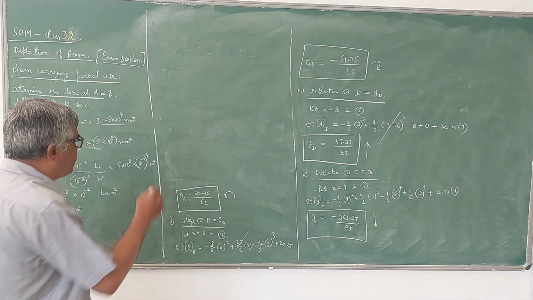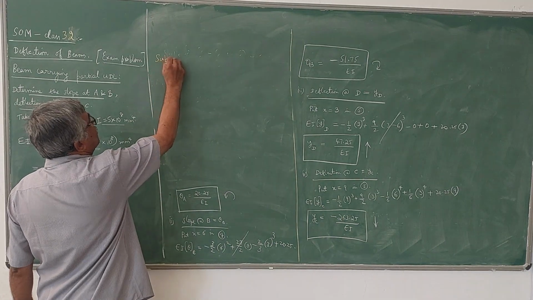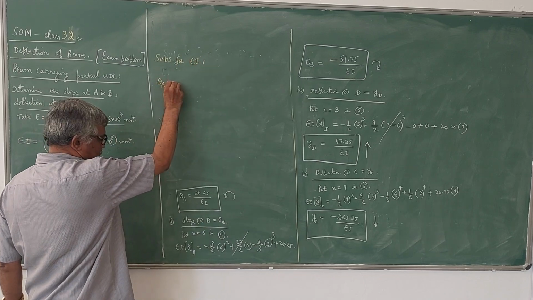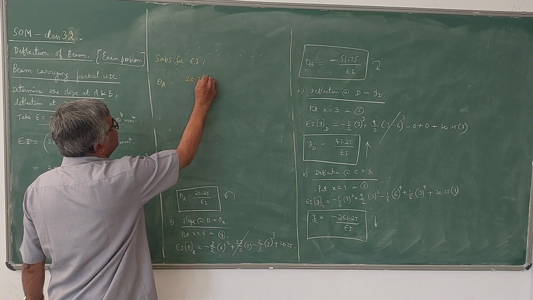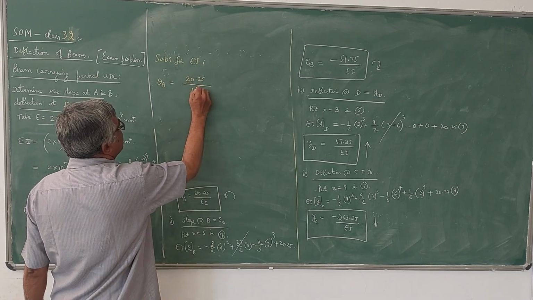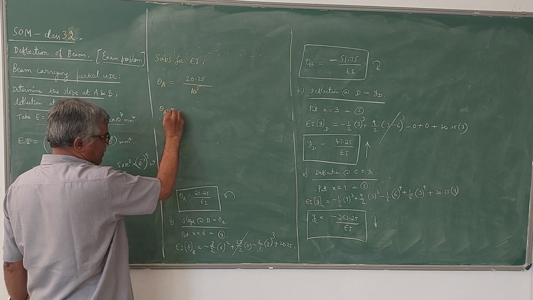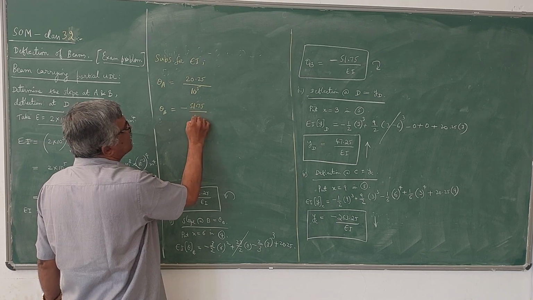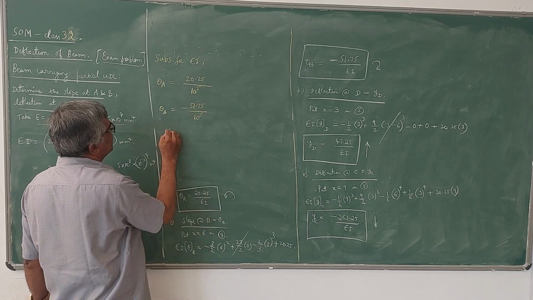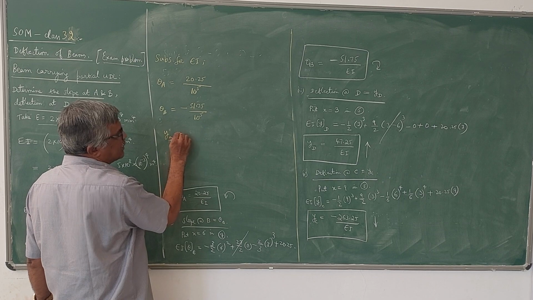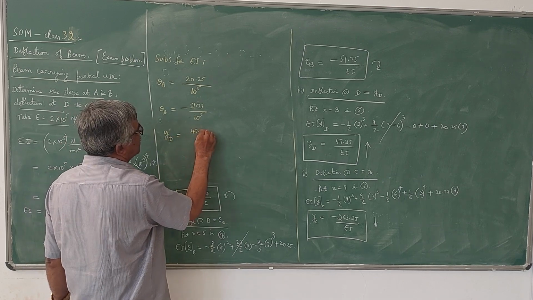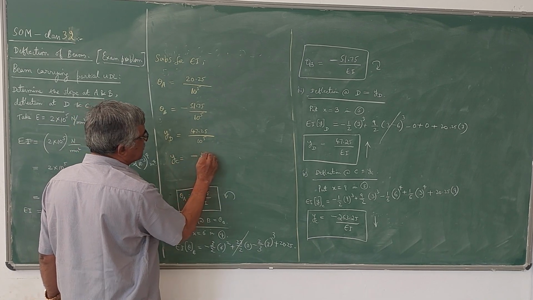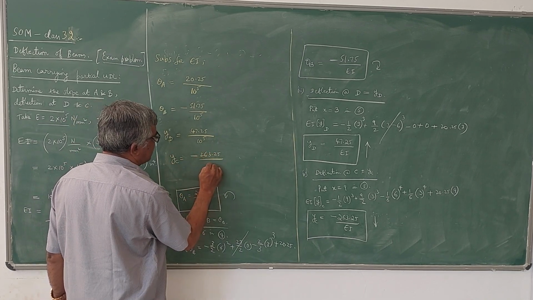Theta A will be 20.25 divided by 10 power 5. Theta B will be minus 51.75 divided by 10 power 5. Then YD is 47.25 divided by 10 power 5, and YC is minus 263.25 divided by 10 power 5.